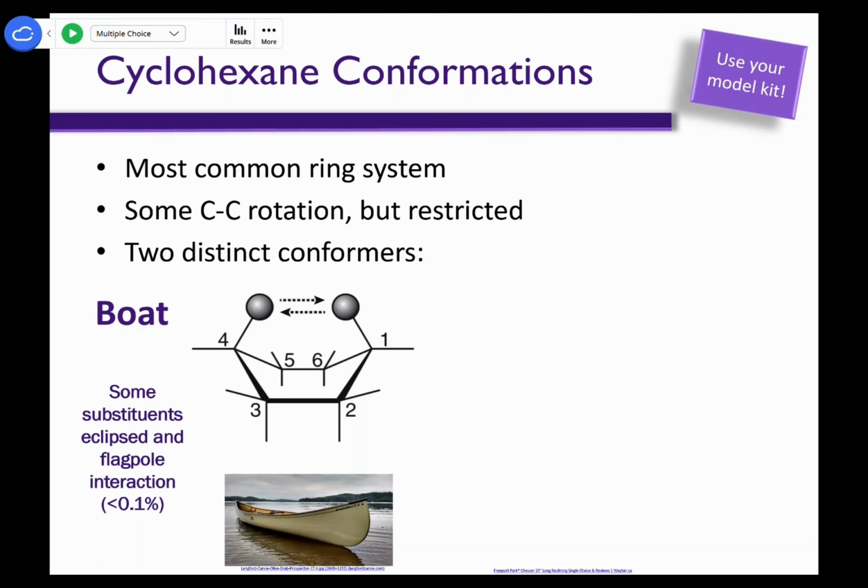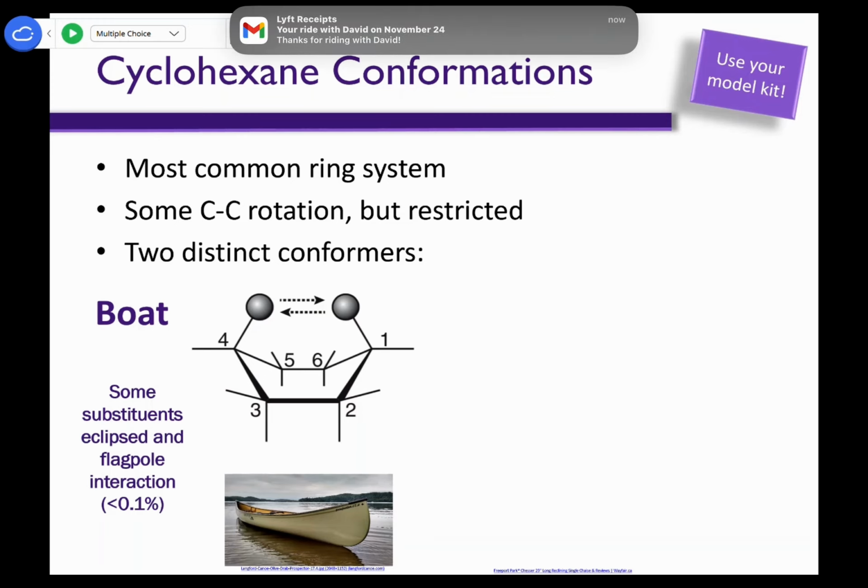You can make it jiggle all around. But take your 2 hands and bring them up together like this. And if you don't have your cyclohexane, bring it next class, because this stuff will make a lot more sense when you have it. This here, rather than our hands down or somewhere else, when we bring both hands up on carbon 1 and 4, this is called a boat.